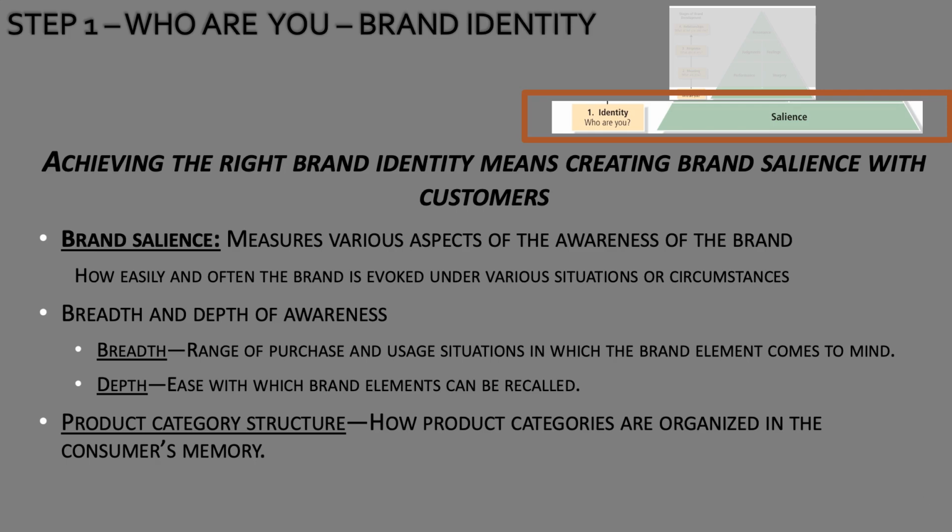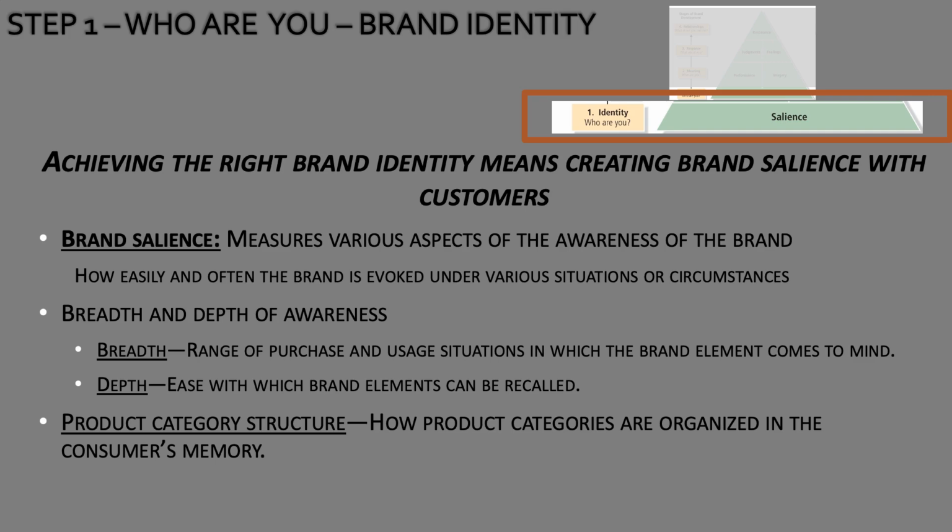So in the first step, achieving the right brand identity really means creating brand salience with customers. What does that mean? It means we're looking at it through the eyes of that consumer. How do we ensure there is salience, meaning it makes sense to them and the brand comes to mind as soon as they think about us?